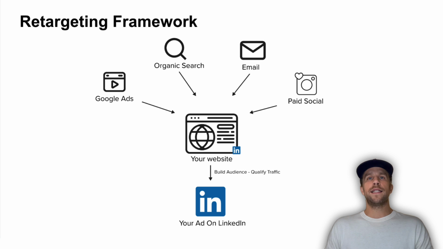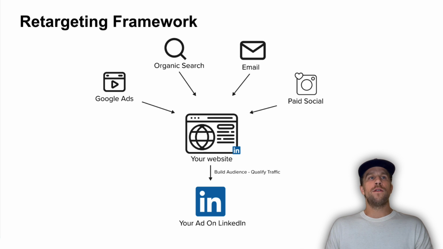We're going to use the LinkedIn Insight Tag and set that up on our website and then create these retargeting audiences. And with LinkedIn ads, you can further qualify that traffic based off of your ideal customer profile and the persona. So maybe it's particular job titles, industry. You can then qualify that website traffic, and then we can show ads to them while they're on LinkedIn. So that's the whole goal with this.